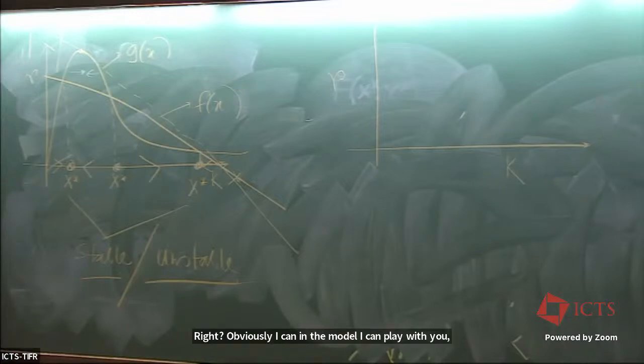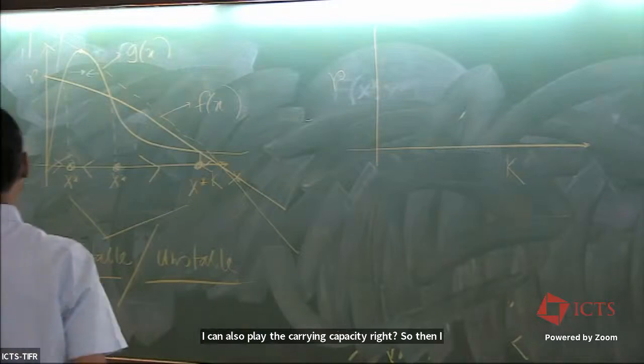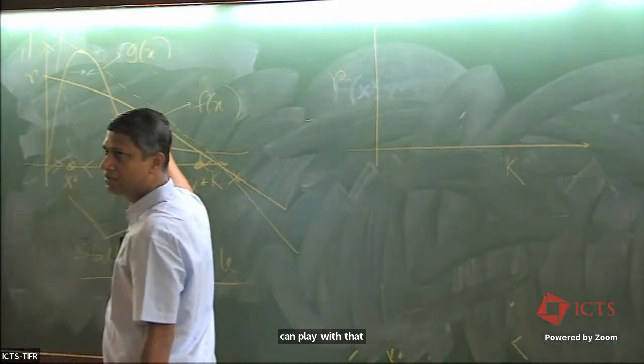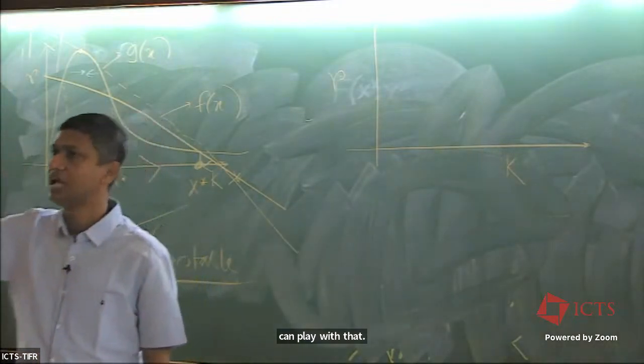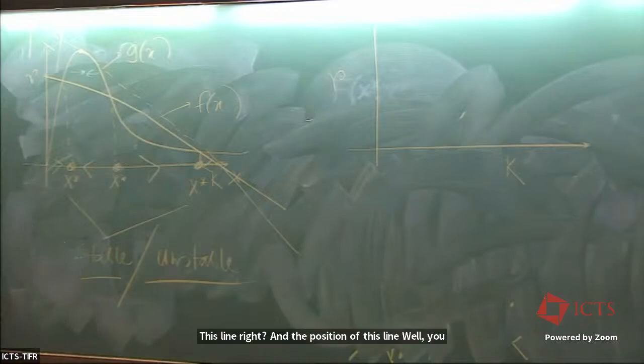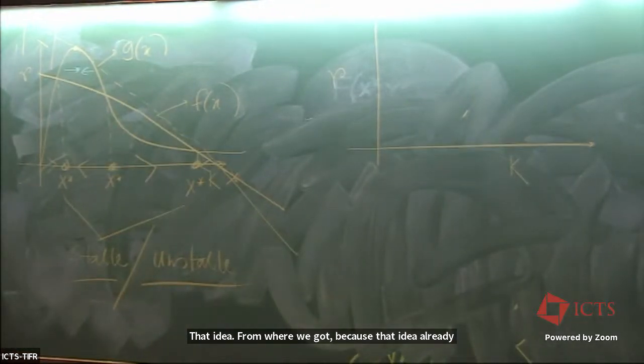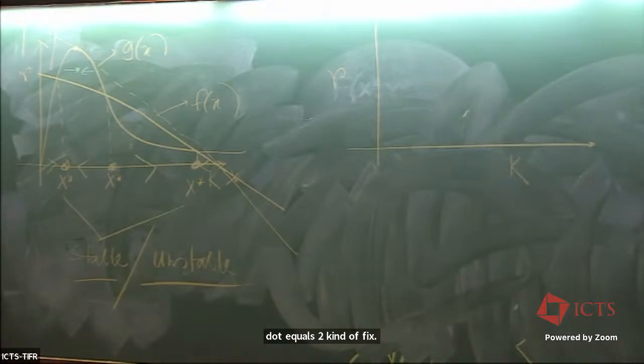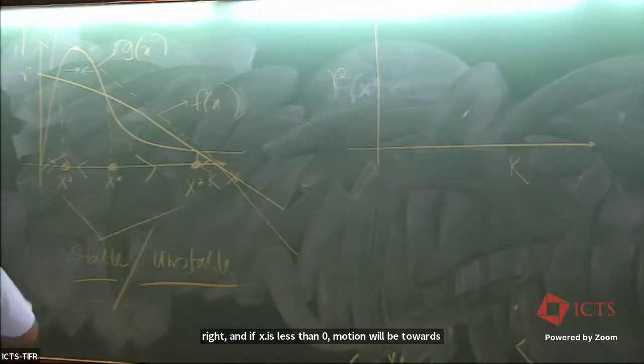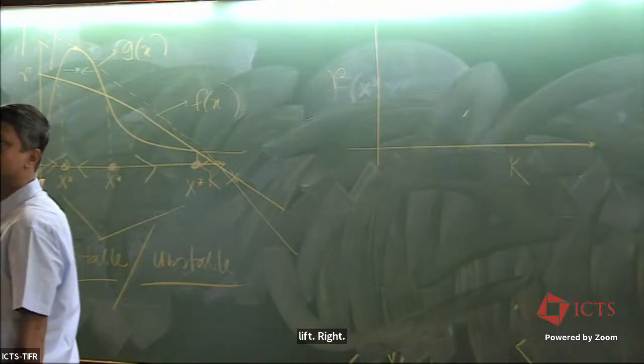So then I can play with this line, and the position of this line will determine whether the equilibrium point is stable or unstable. That idea we got from the very first example that I started with, x dot equals sine of x. If x dot is greater than 0, then the motion will be towards right, and if x dot is less than 0, motion will be towards left. So here, it's clear, I guess, to all of you. Fine.